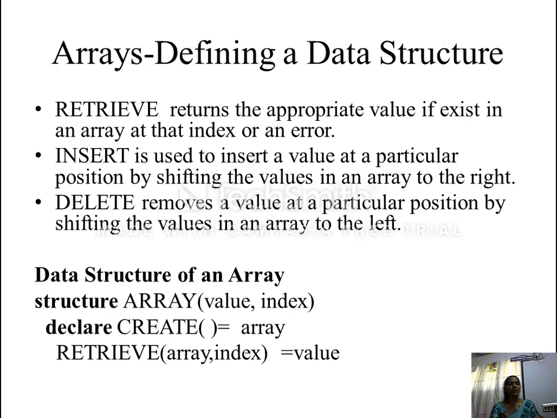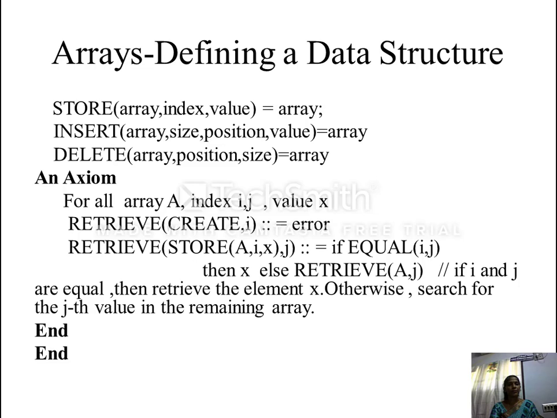The data structure of an array has an array with value and index, and the create operation will return an array after creation, and the retrieve operation needs an index to retrieve the value from the array. Store operation needs an index and value to be stored into an array and returns an array as a result.